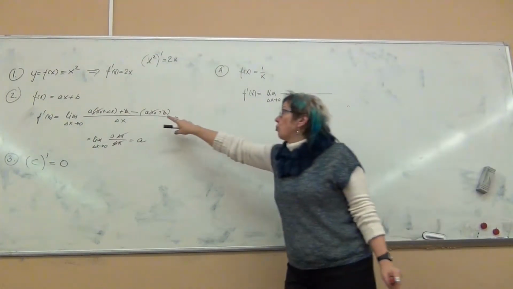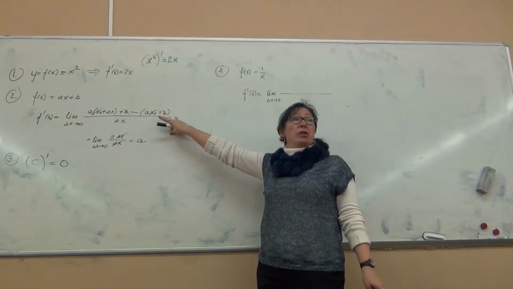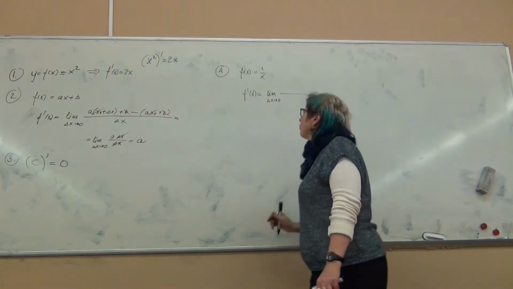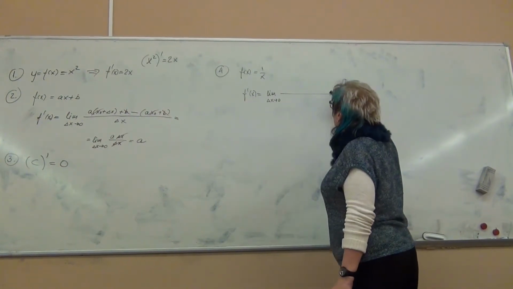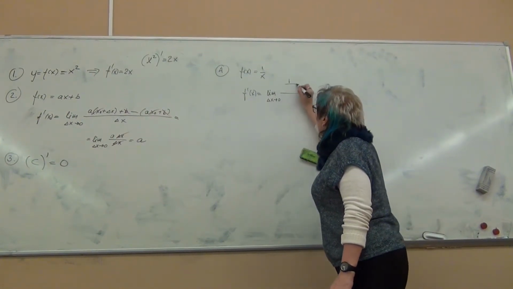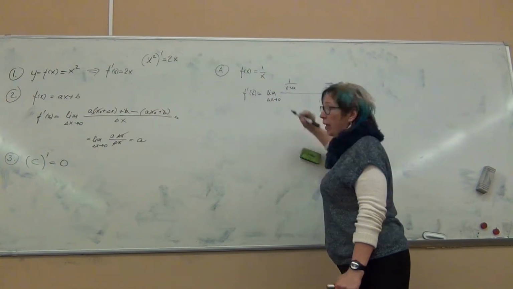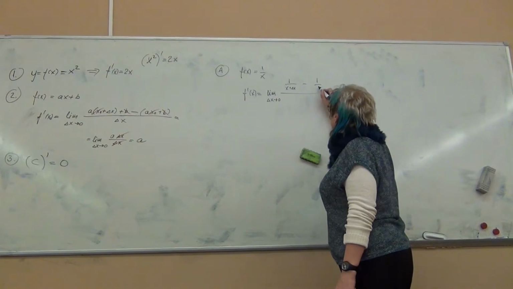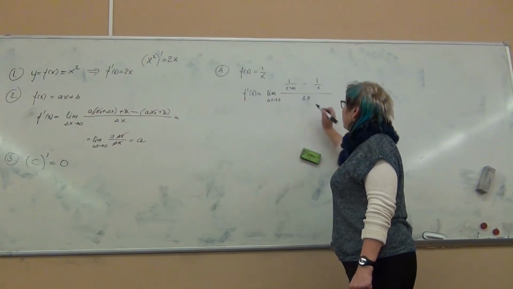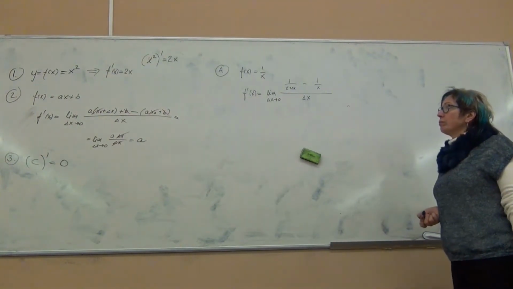I will simply write x to make it faster and simpler. So I should have 1 over x plus delta x at the new point, minus the value at the old point, and all of that divided by delta x.